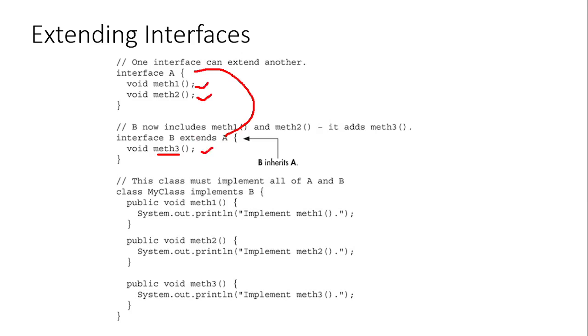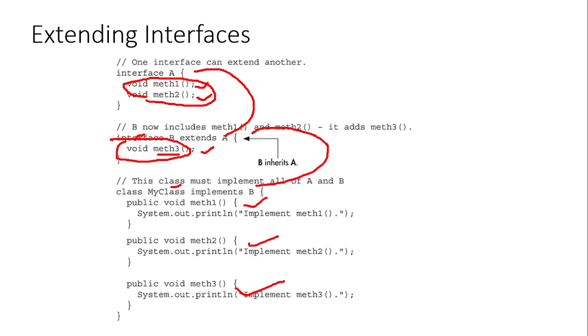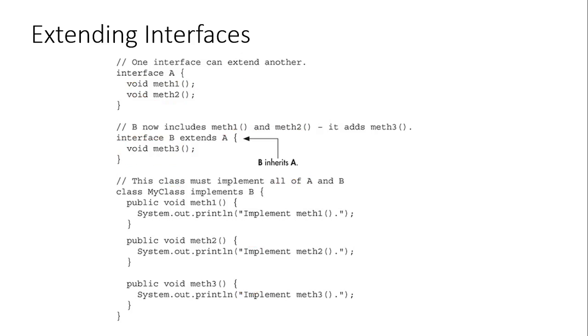Because my class implements B, it has to give the definition for all three methods: the first, the second, and the third. Remember, two methods are in A and the other method is in B itself. So you can also have inheritance in terms of interfaces.